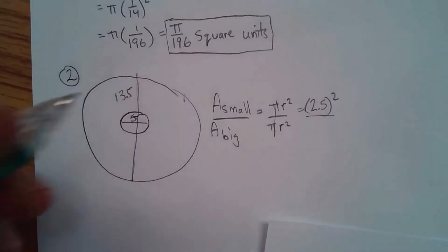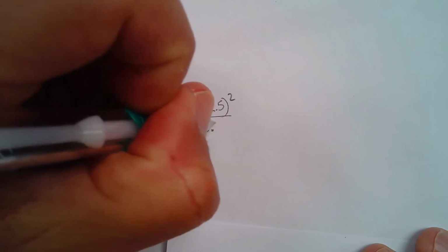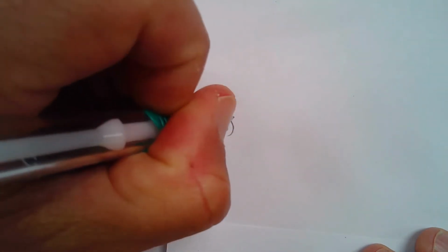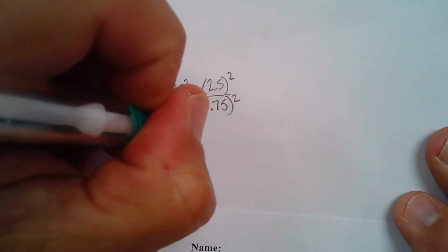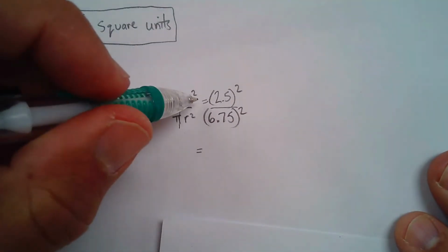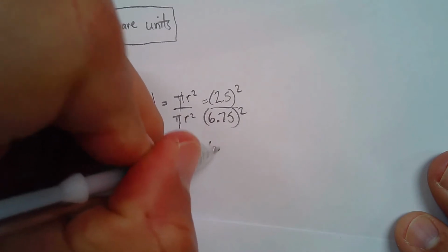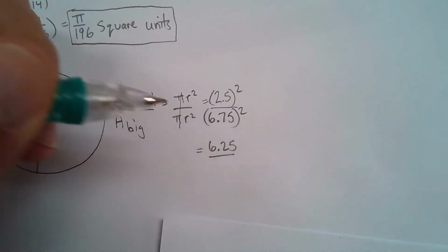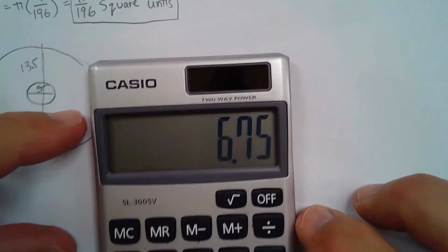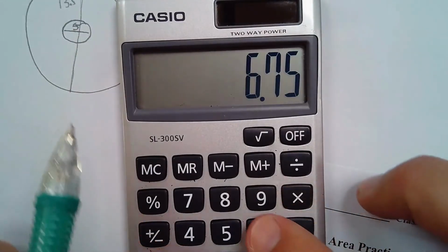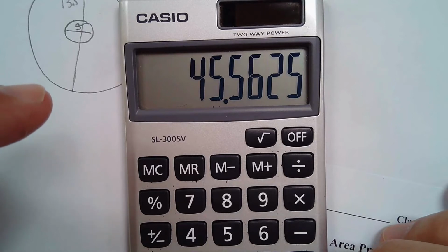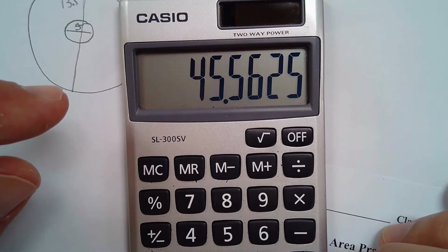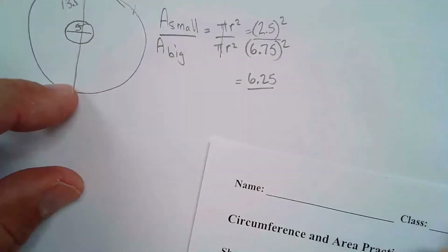So that's 6.75 squared. If we do that, 2.5 times 2.5 is 6.25. And 6.75 times 6.75 again, that's 6.75 squared, is 45.56. I'll just round it off to the hundredths.